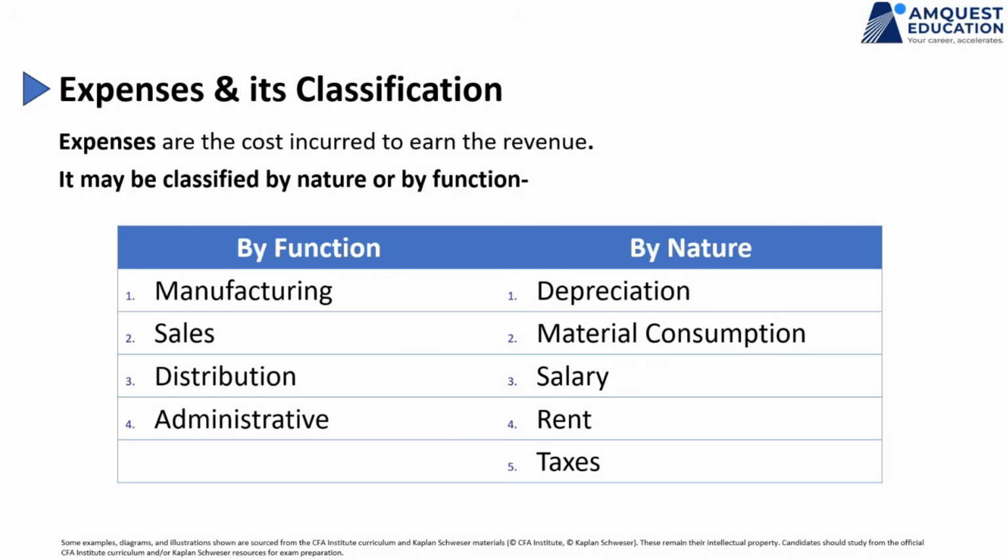Sometimes you are aggressive on expense recognition, sometimes you are conservative on expense recognition. And this is exactly where we have to be careful. Are the expenses being recorded accurately? Now, expenses can be classified by nature or by function. A simple example is a salary.